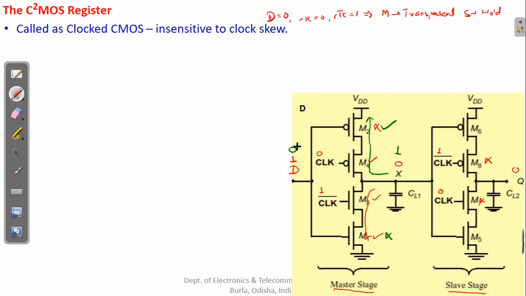So when input is 0, output is 1. Again, it is behaving like an inverter.